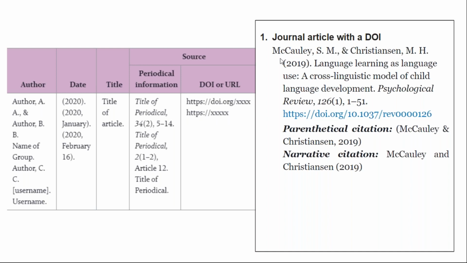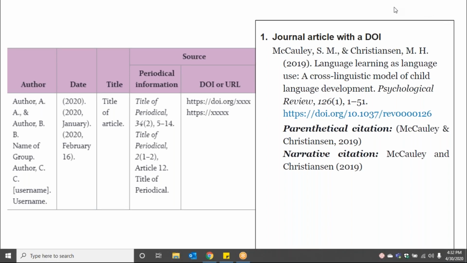We have Macaulay, SM, and we have Christensen, MH, 2019, this is the title of the article, Language Learning as Language Use, colon, then we capitalize the word after the colon, a cross-linguistic model of child language development, period.